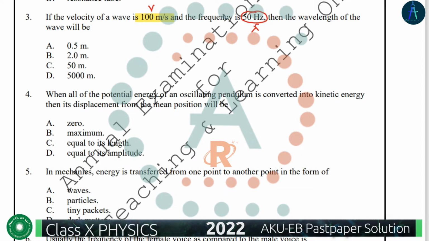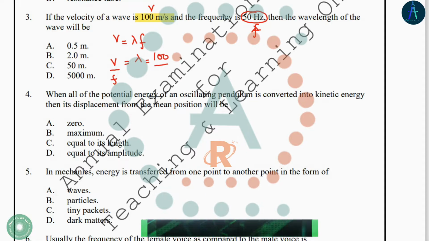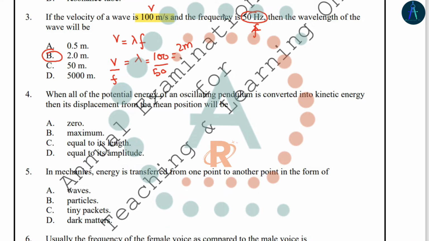The formula of the wave equation is V equals lambda times F, and this way lambda would be equal to velocity over frequency. So velocity is 100 and frequency is 50. We will get 2 meters of wavelength. So option B is the correct answer.